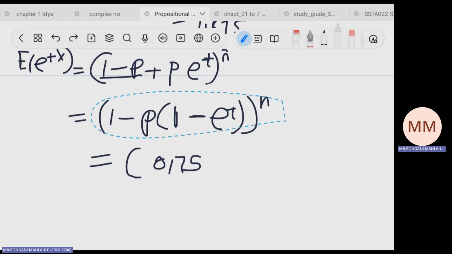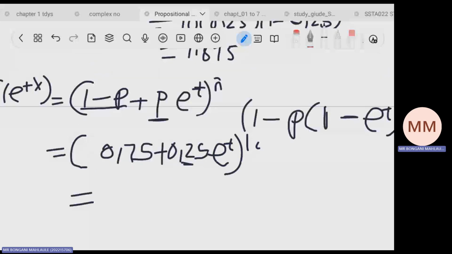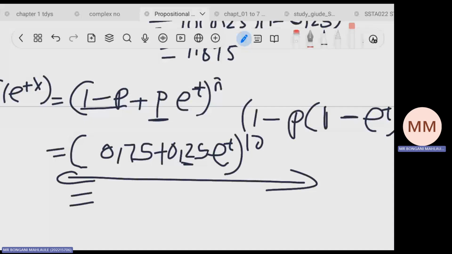This one I was just showing you how to derive, so I'll just substitute: 0.75, that's our q, plus 0.25 e^t, to the exponent 10. So basically this will be our MGF. So that will be the answer for the expected value of each.